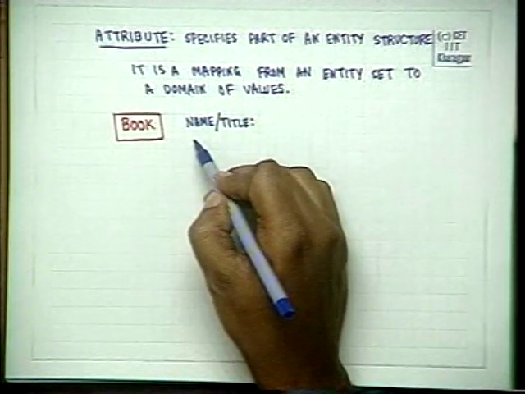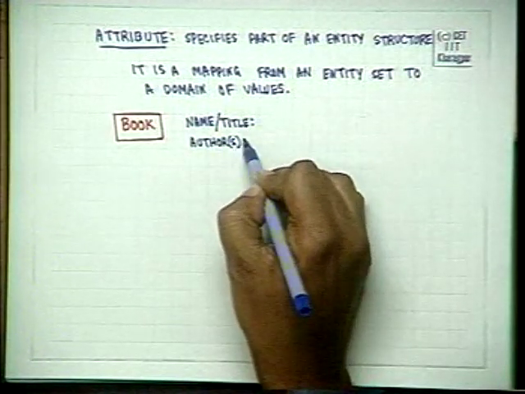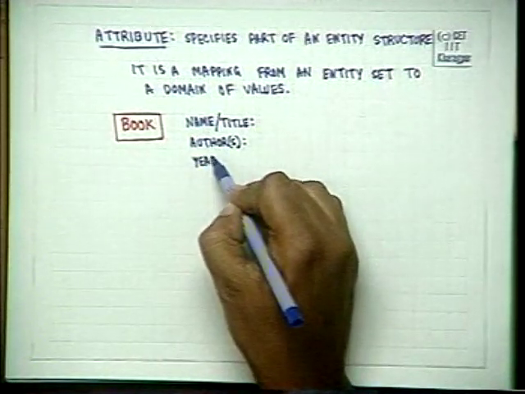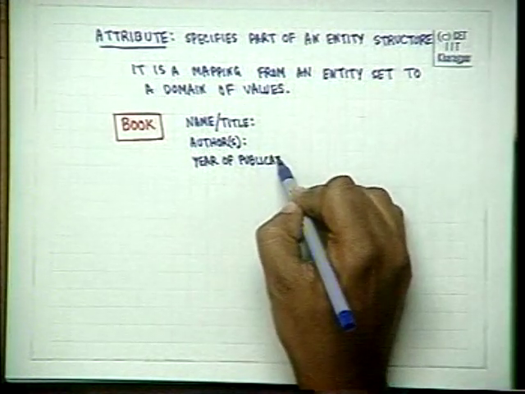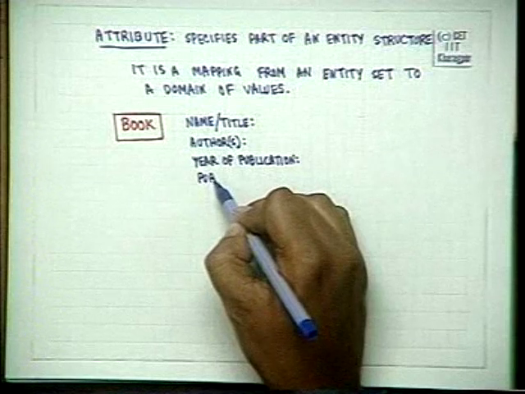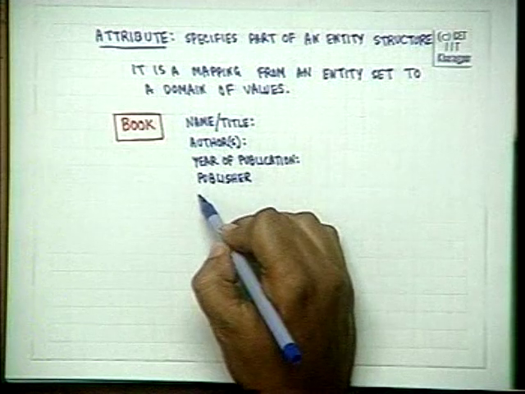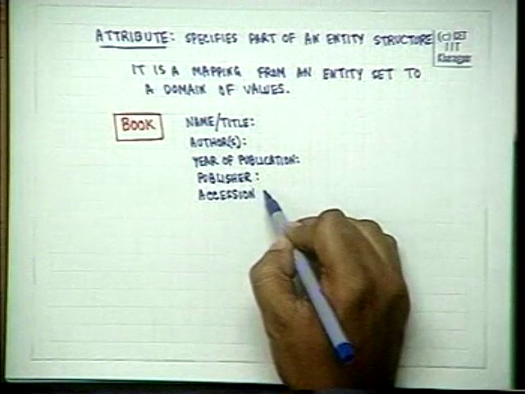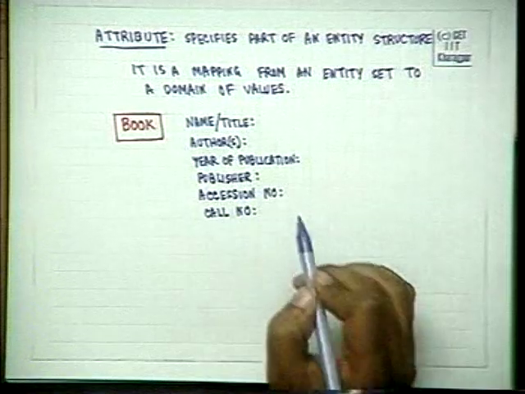The second attribute which we will have is author. The third attribute is year of publication. The fourth attribute which we can have is publisher, accession number, call number, etc.